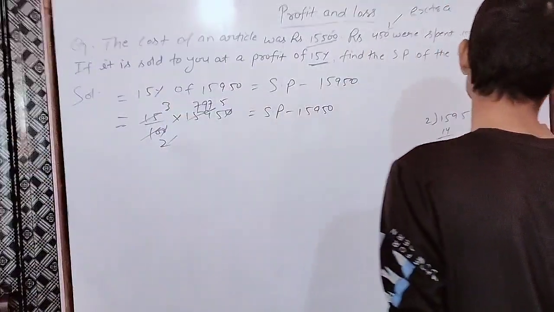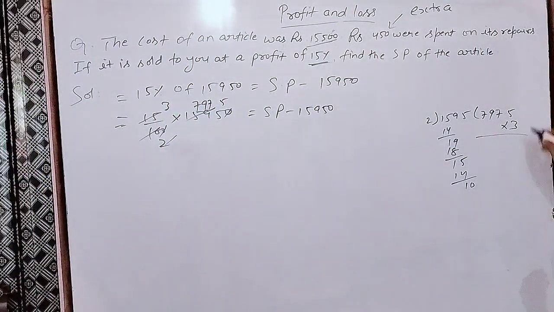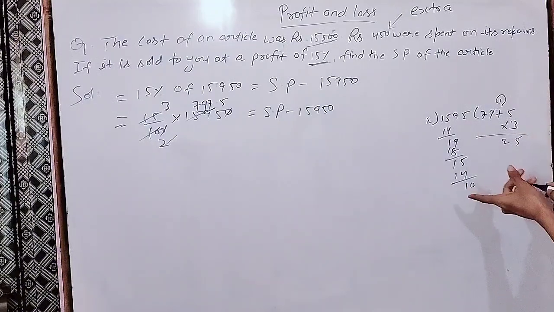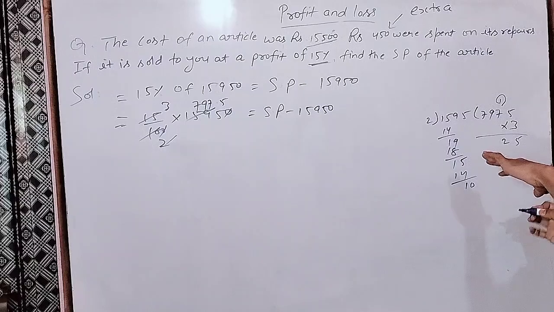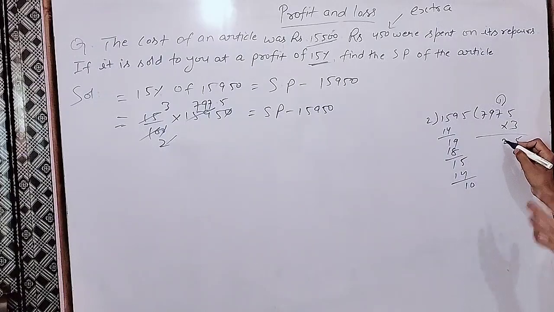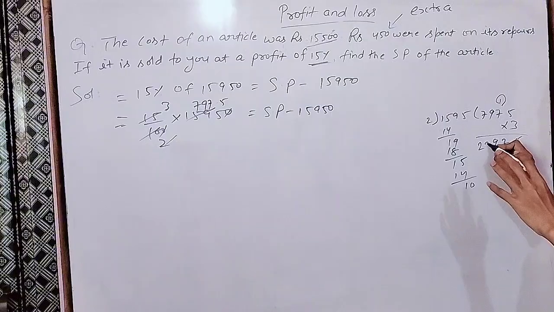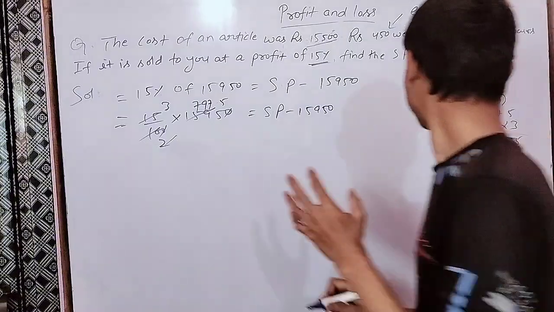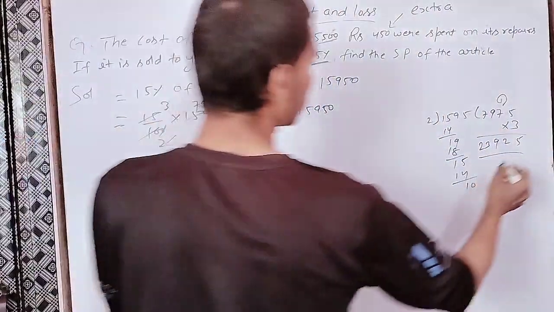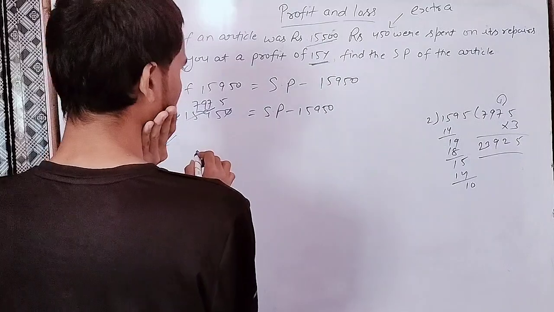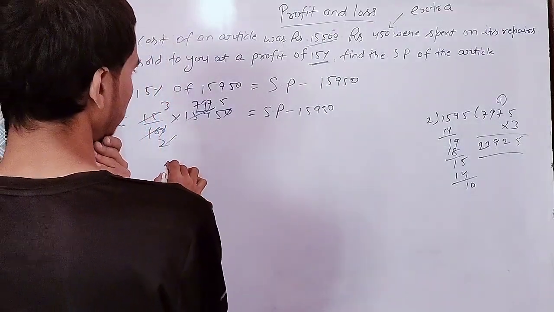We will multiply 3 with this number. Three fives are 15, three sevens are 21, one extra 22. 27 and 31. No, 29. Then would be 20. 2392.5. Here.